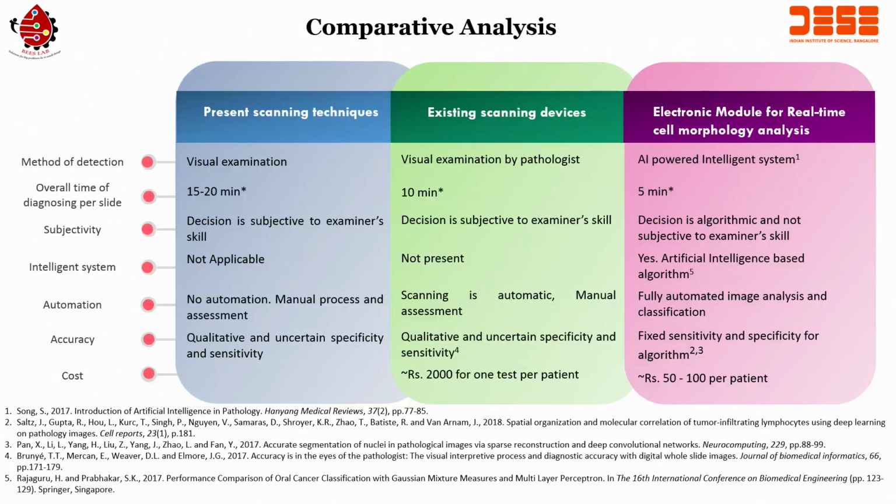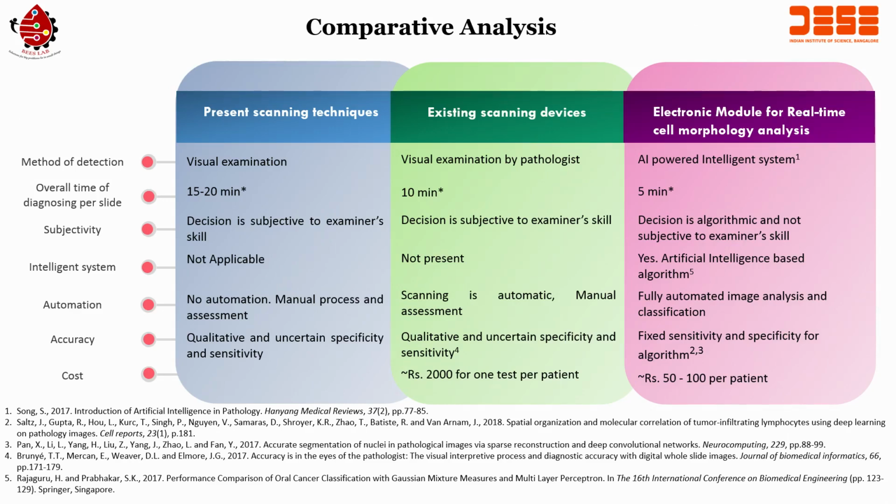Okay. Now, if I go for comparative analysis, which is very important, like always I am giving you a few slides and a few research articles to read. It is very important to read research articles to understand further how AI can be used in pathology, how spatial organization and molecular correlation of tumor infiltrating lymphocytes can be studied using deep learning algorithms, and how you can use accurate segmentation of nuclei in pathological images using AI.